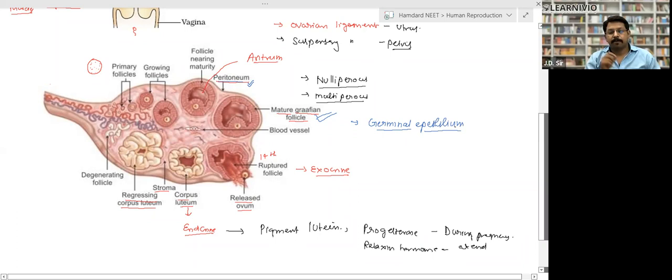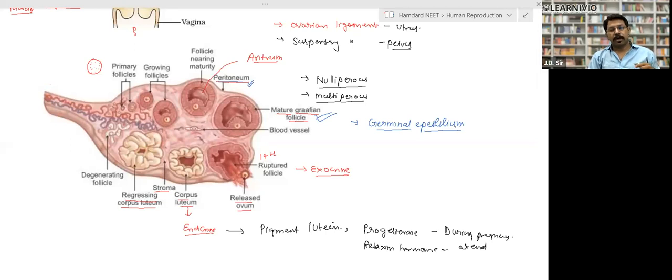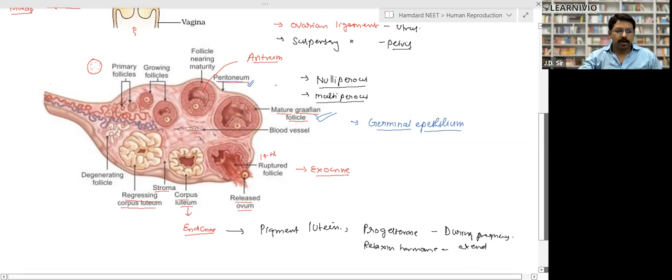Next point. The ovary is surrounded by a layer called peritoneum. Right, this one. Next point.